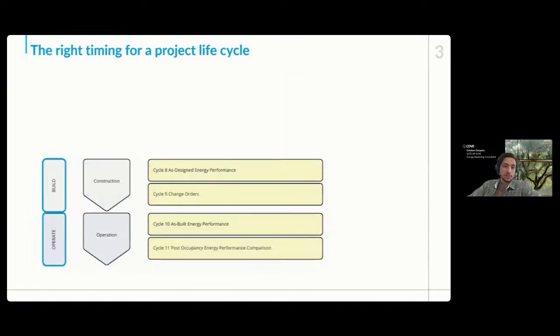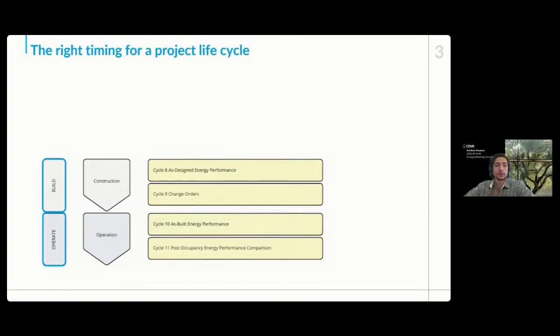As-built, generally speaking, is what the authorities would request for compliance. And a very interesting area of energy modeling is also calibrating the existing energy models once the building is operating.